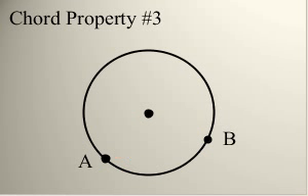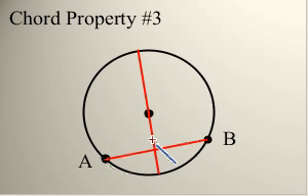And chord property number 3 will have some similar qualities. If we take a line going through the center of the circle like this, going right through the center, and if that line going through the center is perpendicular to the chord, in other words, if we could draw this, if it's perpendicular like this, then we know that this line is going to bisect this line segment here, AB, into two equal segments.